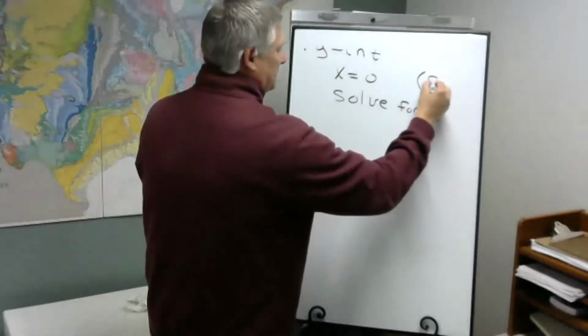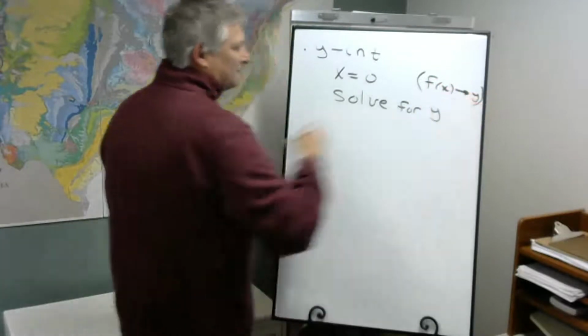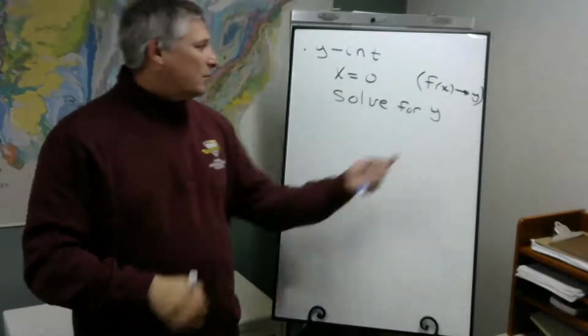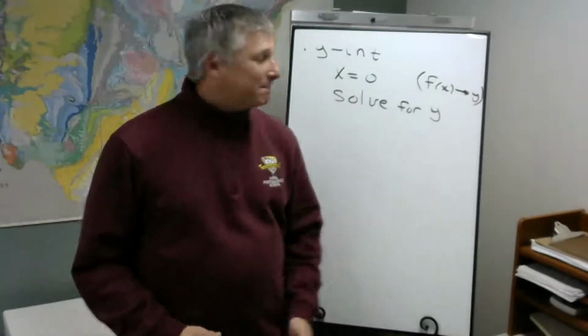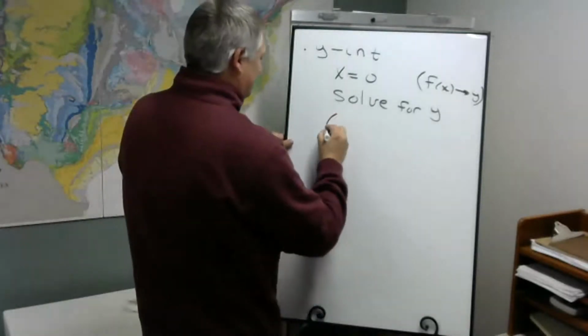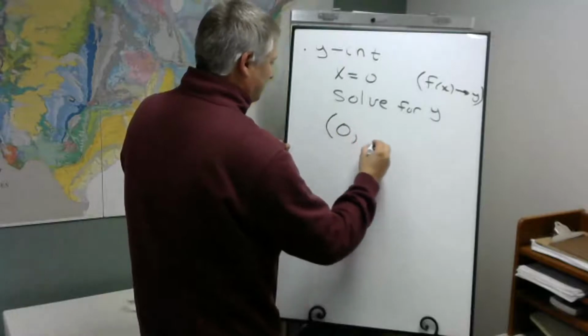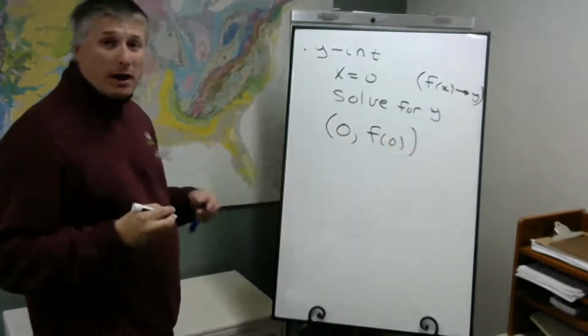So we'll do this first. Replace your f of x with y, and then solve for y when x is equal to 0. What you get is something like this: 0, f of 0. And that's your y-intercept.